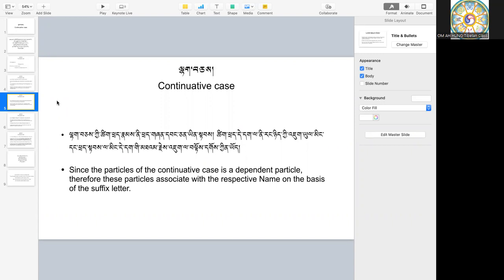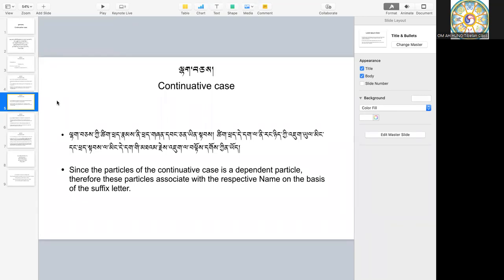These particles, when they are associated with a particular name, do so on the basis of the suffix letter. That is the criterion of a dependent particle. So they either follow a name on the basis of one of the 10 suffix letters, or in some cases they may follow a name on the basis of a post-suffix letter, as well as a case where there is no suffix letter.